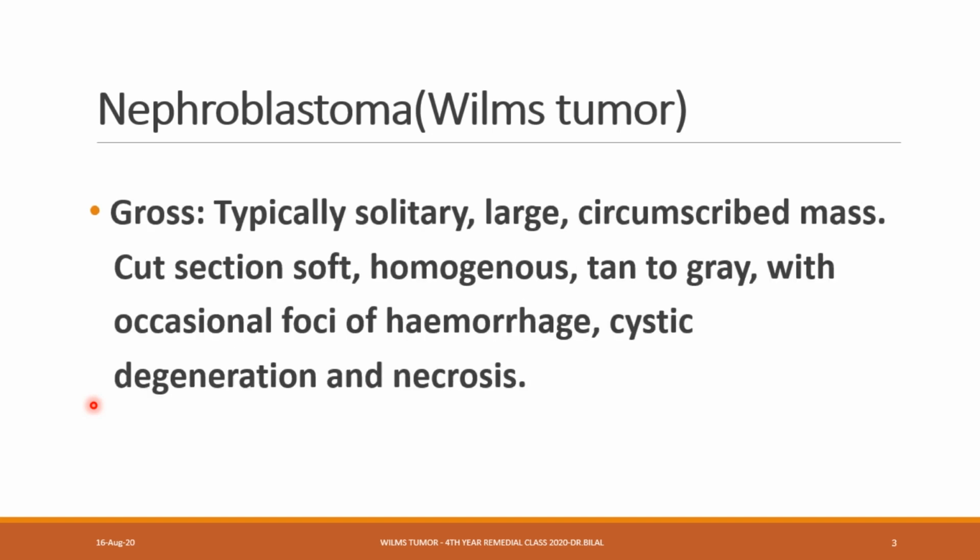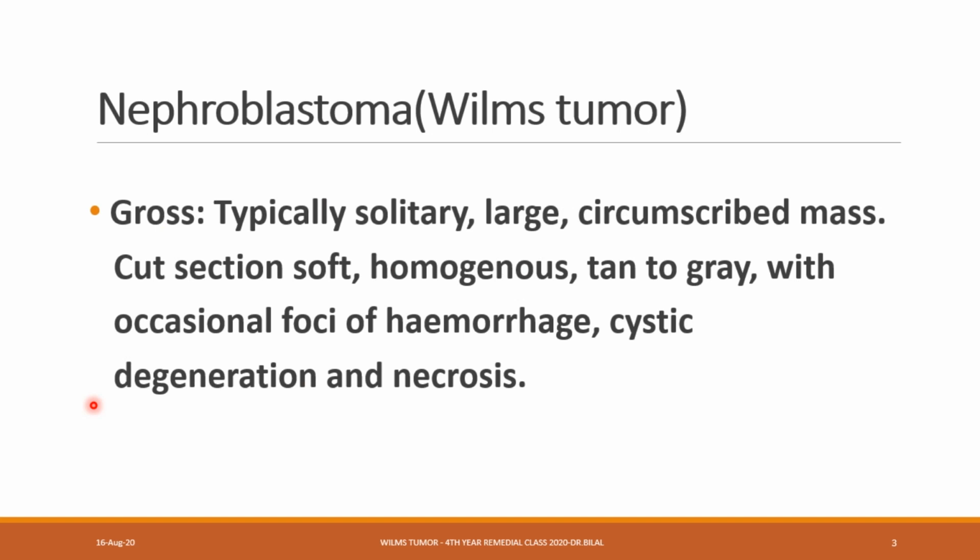Okay, now the gross morphology. Before moving on to the gross morphology, most likely the clinical presentation is going to be that parents bring to you a child with an abdominal mass. That mother or father noted something, some abnormality, some new thing in the child's abdomen, the child's tummy.